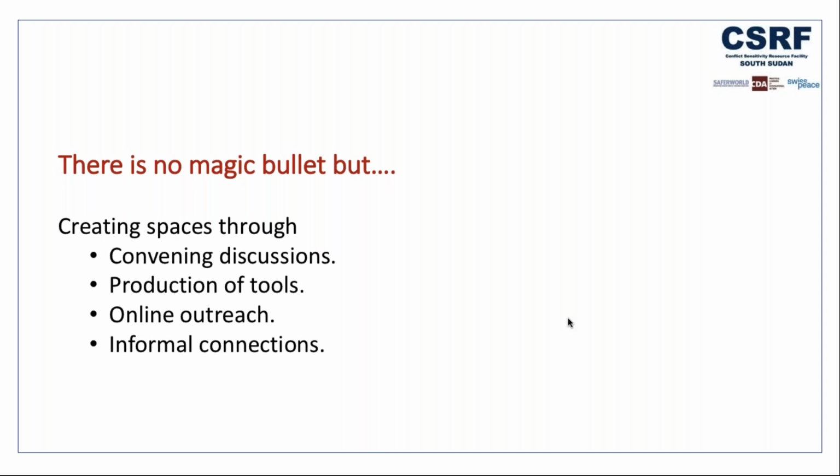The last thing that I would like to highlight is creating informal connections has proven to be such an important part of our approach to conflict sensitivity in South Sudan.